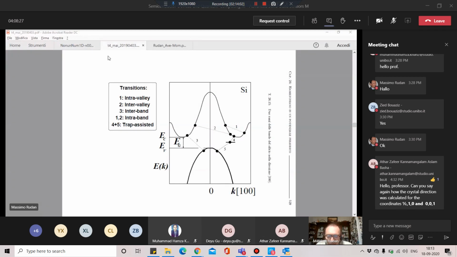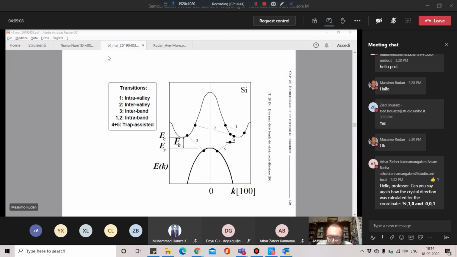One of the outcomes of the quantum mechanical treatment that eventually gives you the relation between energy and momentum, that is E as a function of K, shows you that this relation is periodic. So energy is a periodic function of momentum. Very different from a quadratic relation like the one that you obtain in classical mechanics.